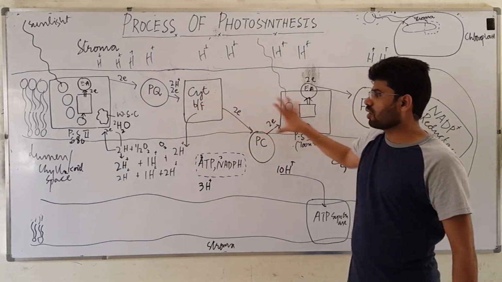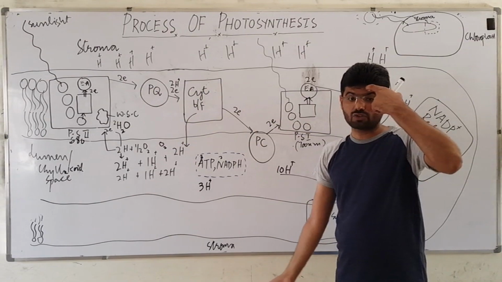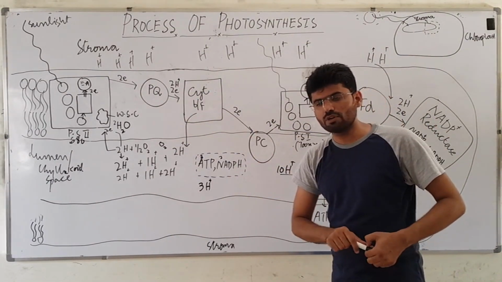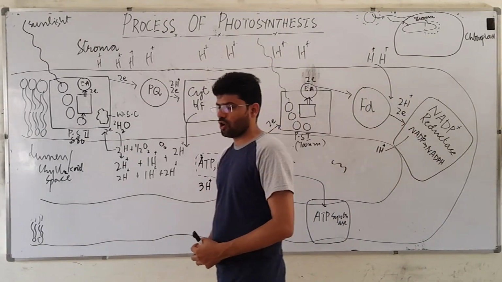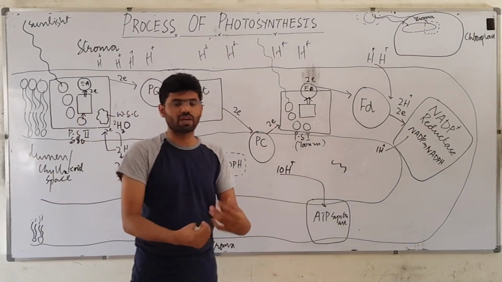So this is called the electron transfer chain, and this is called the formation of ATP as well by chemiosmosis. I repeat, this process called the light dependent reaction is a name of 2 things.